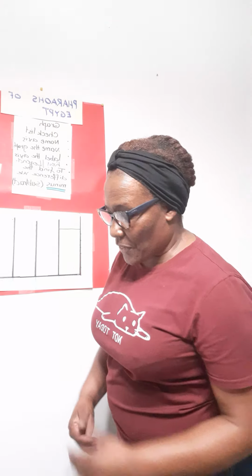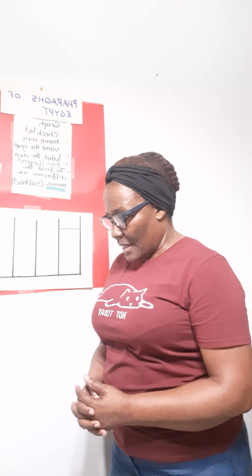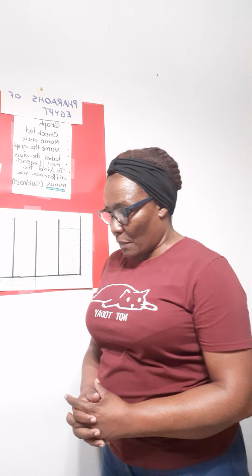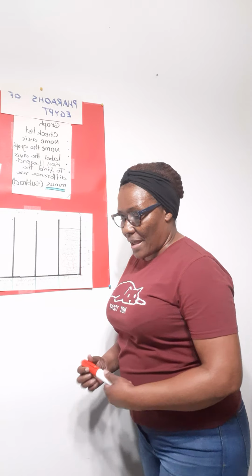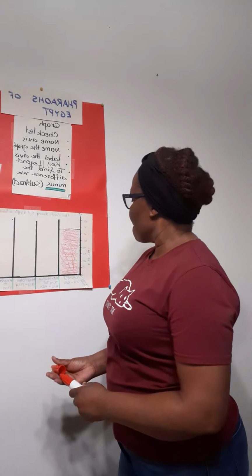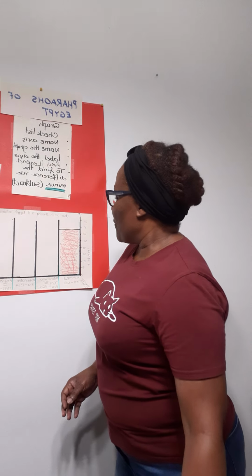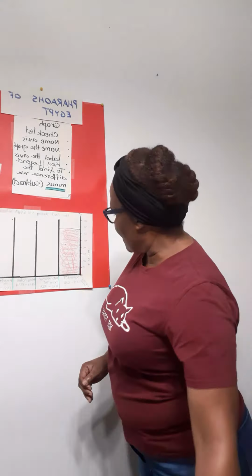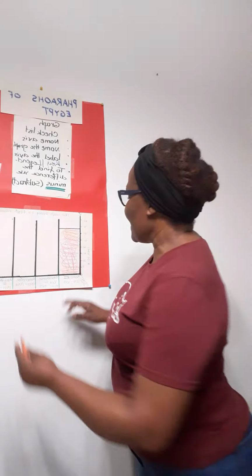All right, so the next leader we have is Amenhotep. And he reigned from 1388 to 1351. And what's the year again? Yes, BC.